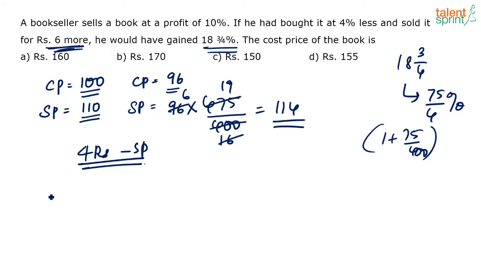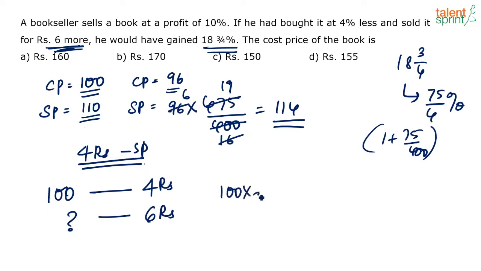When the cost price was 100 and all these things happened, there was a 4 rupees difference in the selling price. Now the question is, when a 6 rupees difference happens, what is the cost price? It is nothing but 100 into 6 by 4, that is equal to 25 into 6, that is 150. Okay. So the answer is option C, 150.